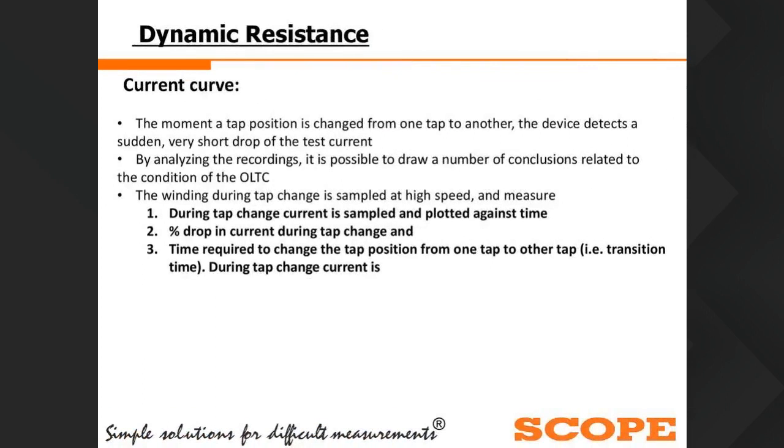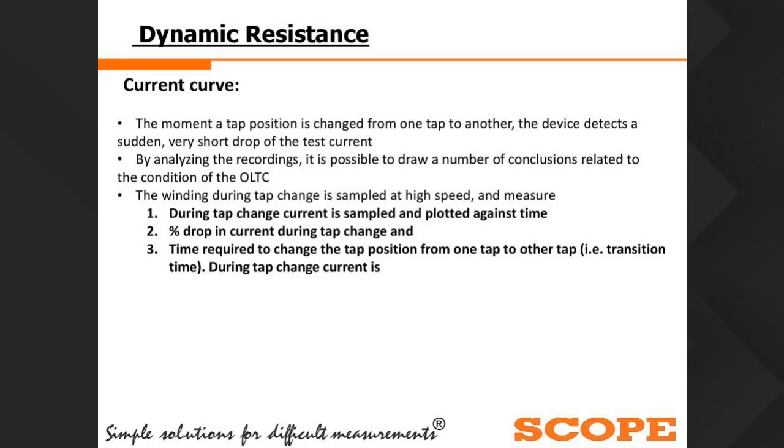With the current method, we inject some DC current during the operation of the OLTC from one position to another, and we capture samples of the current, that is the percentage reduction of current during the shift of the taps from one position to another. It is recommended that the percentage decrement of the current should be below 30%.